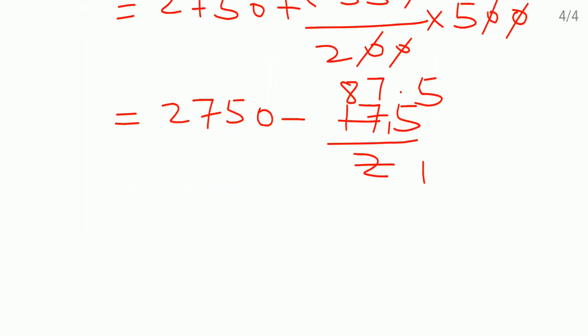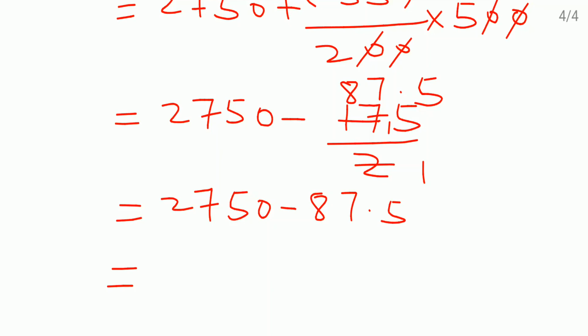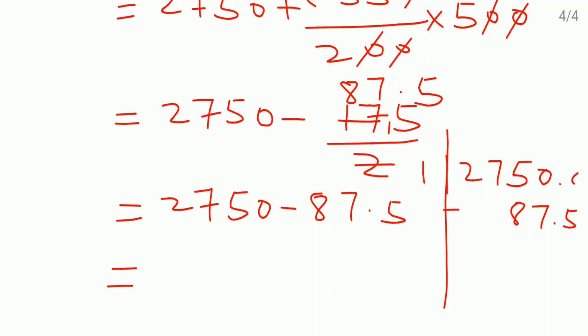Okay. Now see the subtraction. 2750 minus 87.5. Now we need to do the subtraction of this. See here the subtraction now. 2750 minus 87.5.